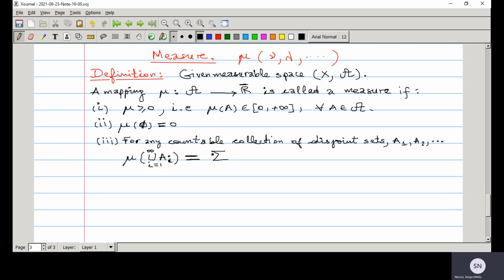You see that here we have equality when they are disjoint. Now we take the sum from 1 to infinity. So this is a series, in fact, if they are countably many. This is what we call additivity.